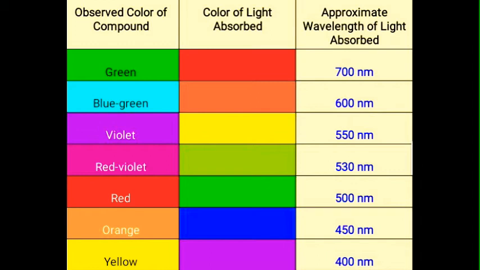So when you observe a green colored compound, the light absorbed is red, and the approximate wavelength is 700 nanometers.